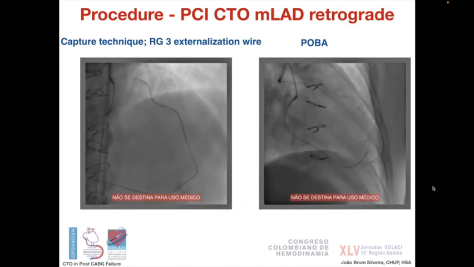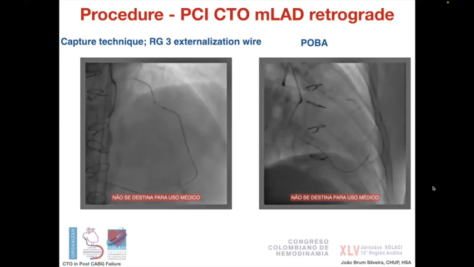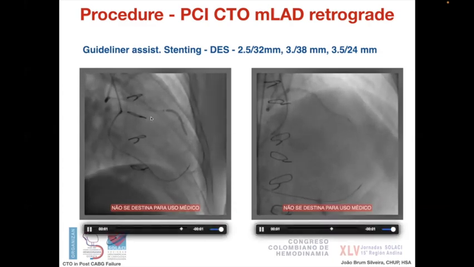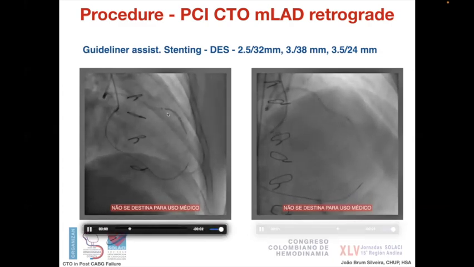You can appreciate the anatomic distortion. It's probably a problem in the long-term follow-up of this patient because it stresses the zone of the vessel. You can have rupture, you can have aneurysm, something like that. It's very important at that point to keep the patient in the room and do the session re-entry. We use, as I've mentioned, the GuideLiner and assisted stenting.